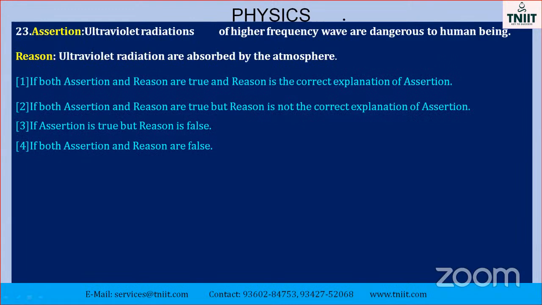Ultraviolet radiation of higher frequency waves are dangerous to human beings. Ultraviolet radiations are absorbed by the atmosphere. Actually, the assertion is true, but the reason is false? UV radiation is absorbed by the atmosphere, right?